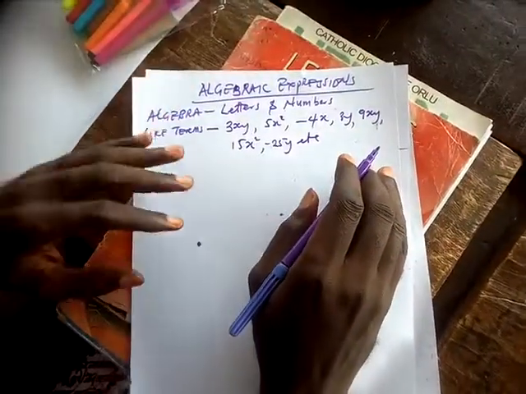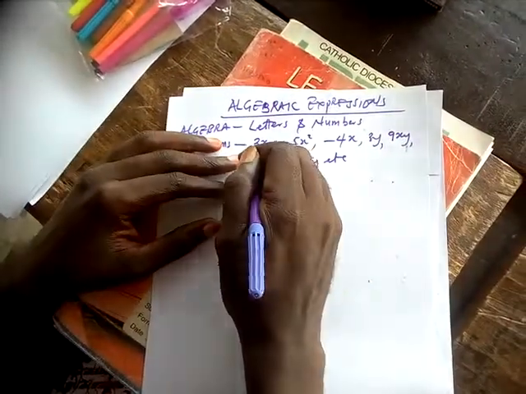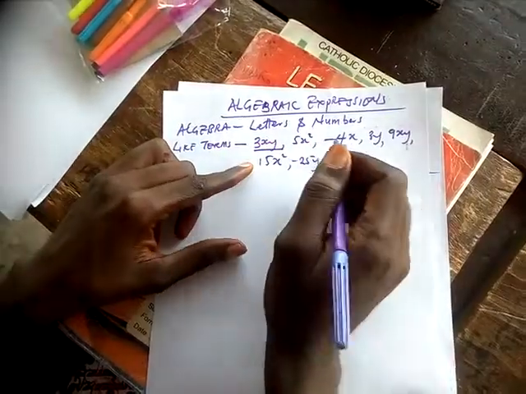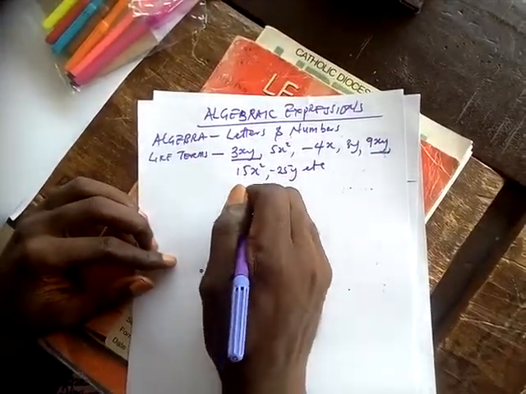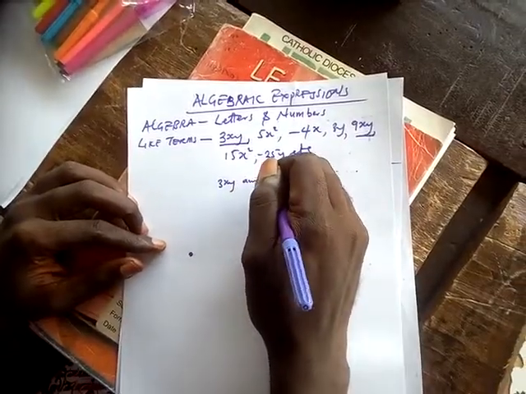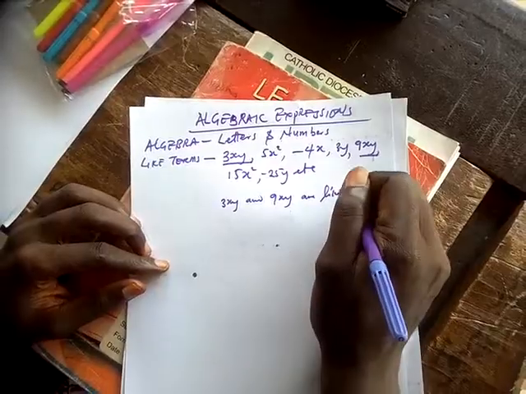From this set of terms, the like terms are the ones that have exactly the same letters, like this and this have exactly the same letters. So 3xy and 9xy are like terms.